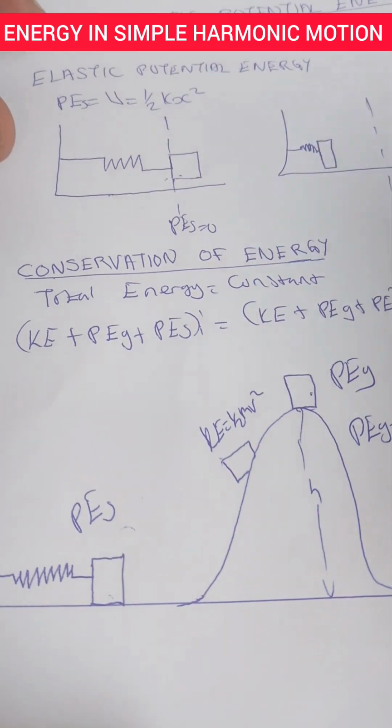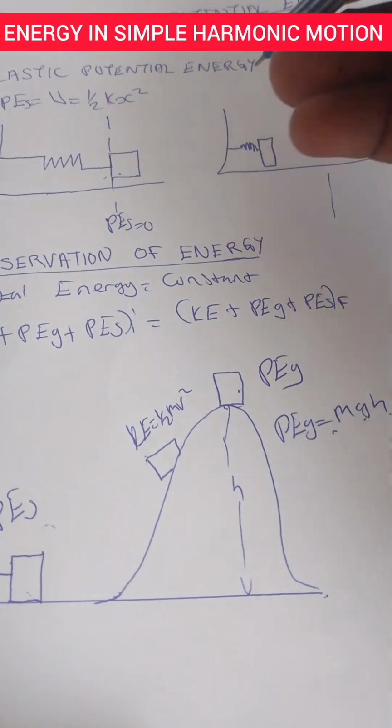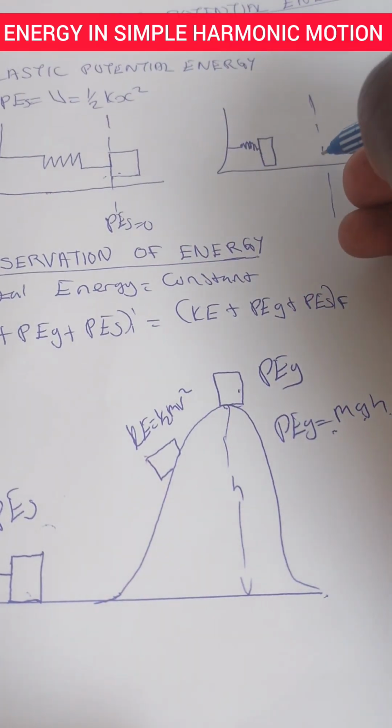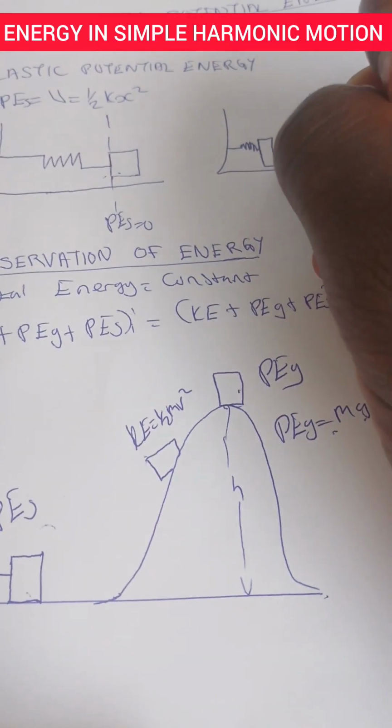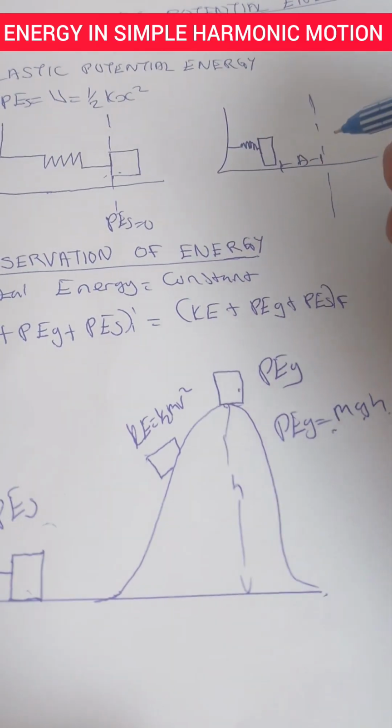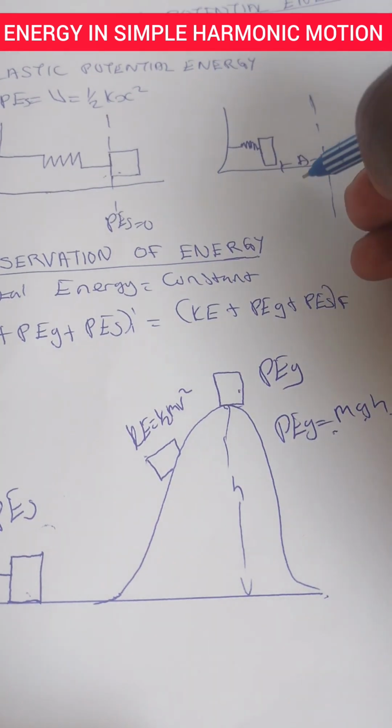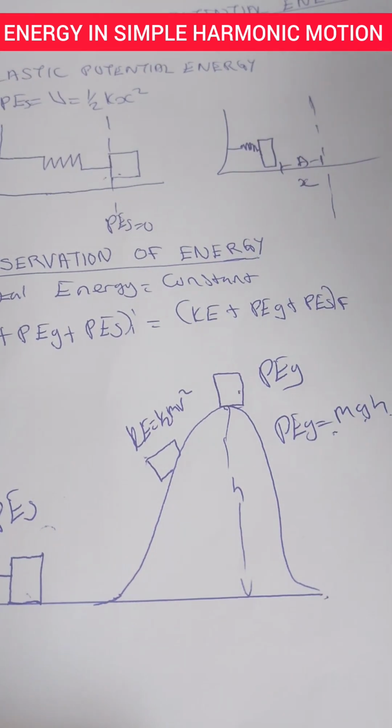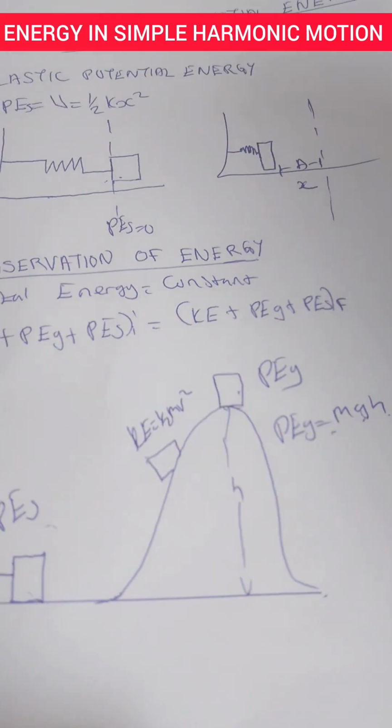This distance that it has moved from equilibrium to here is what we call A, the maximum displacement. If it's not maximum, it can just be x to mean the displacement. But if that object has reached its full compression, we say it's A. So that's the A that you are seeing in that formula for total energy in simple harmonic motion.